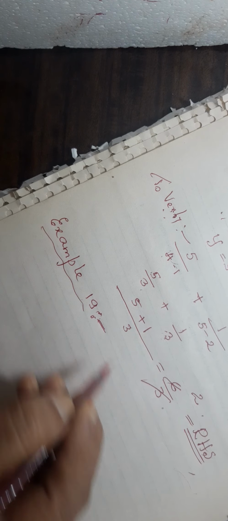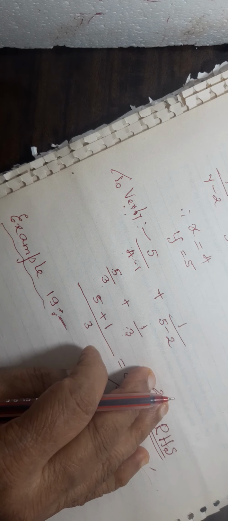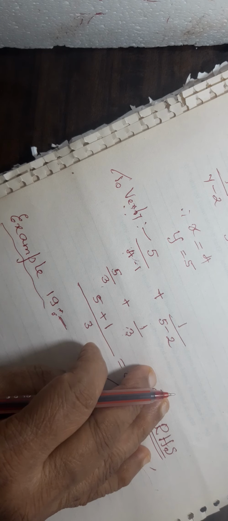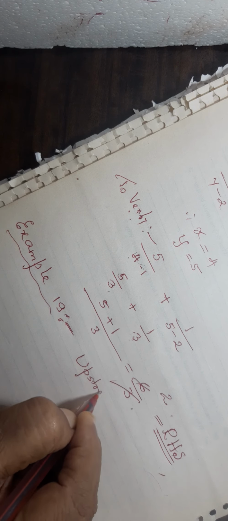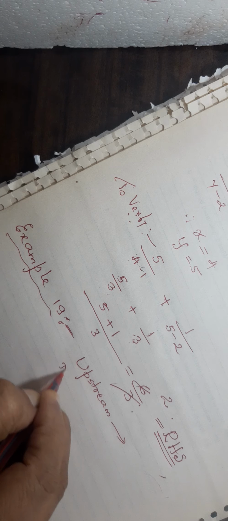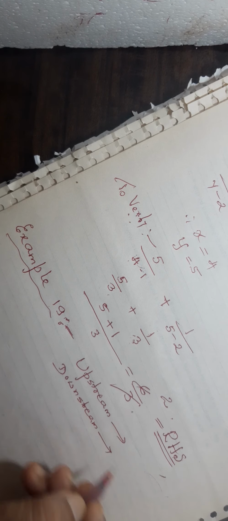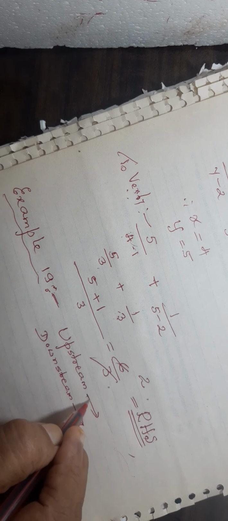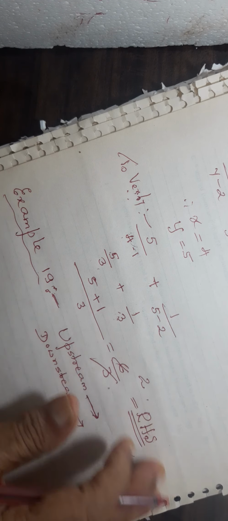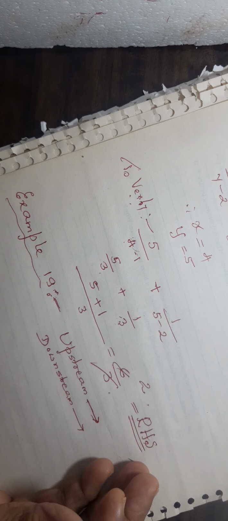Okay. Example 19. You have done something like this even in 9th standard, in equations, upstream, downstream. You should know the meaning of them for this problem. Upstream and downstream mean that suppose you are traveling in a boat on a river or a pond.